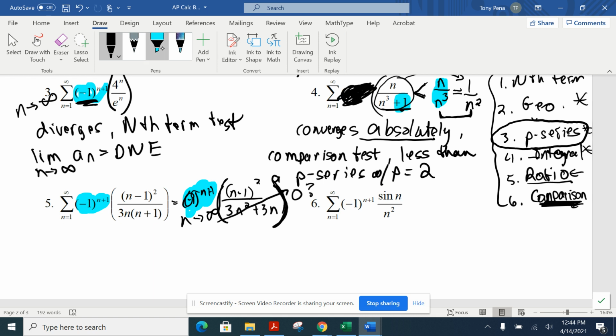If those degrees are the same, so we have a degree of 2 here, n squared right here, that means we look at their coefficients. So we have a coefficient of 1 here, coefficient of 3 right here. So this limit wouldn't be a 0. It would have been a 1/3, and it must be 0. So this right away then diverges. And that's our whole nth term test.